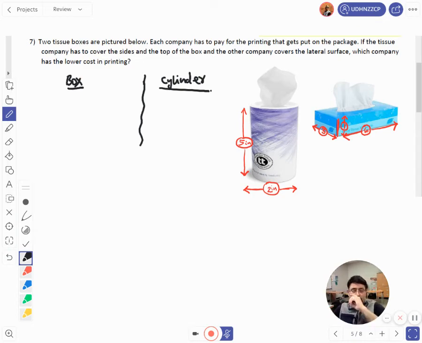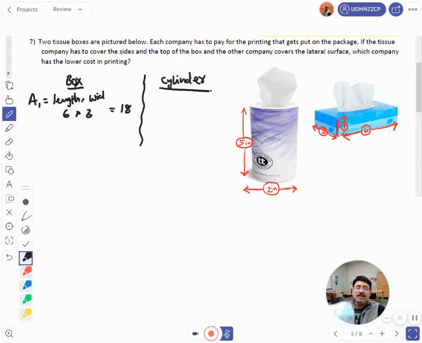Therefore, area 1 equals length times width. Let me take the numbers 6 and 3. Therefore, 6 times 3 gives me 18.